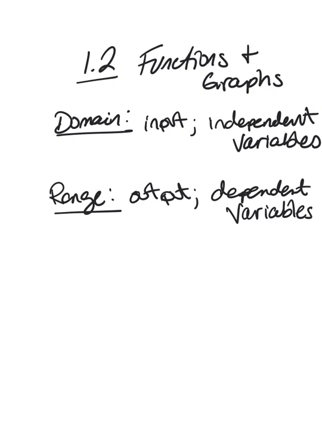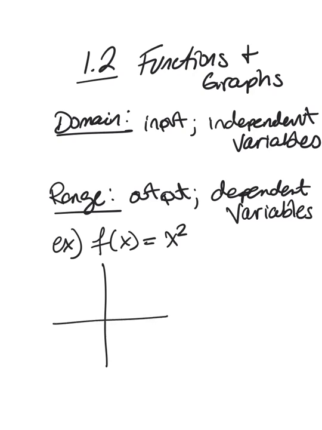So, for example, let's say my function is x squared. We should all recognize that x squared is a parabola. How do I know it's a function?